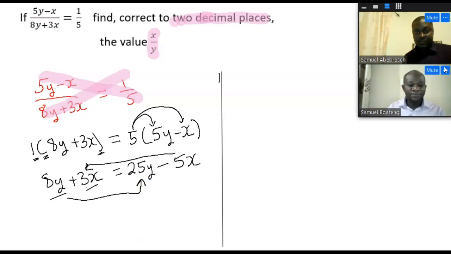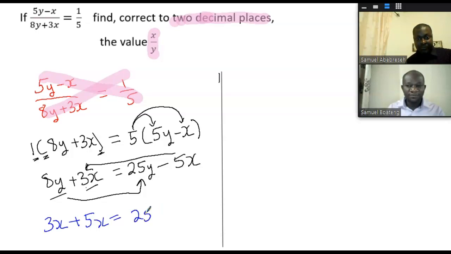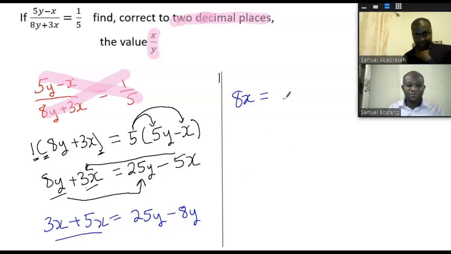So we have 3x plus 5x equal to 25y minus 8y. Okay, so 3x plus 5x will give you 8x equal to, this will give you 17y.